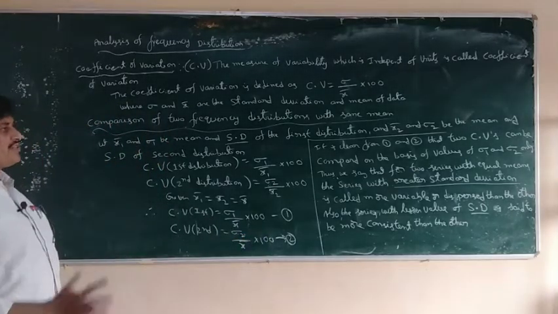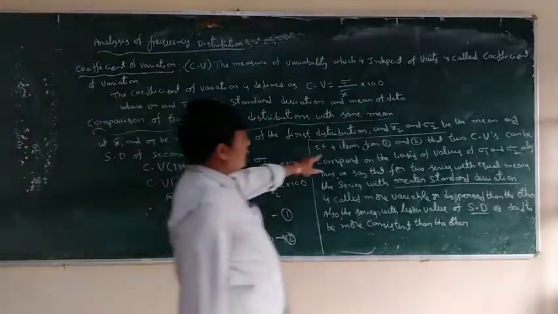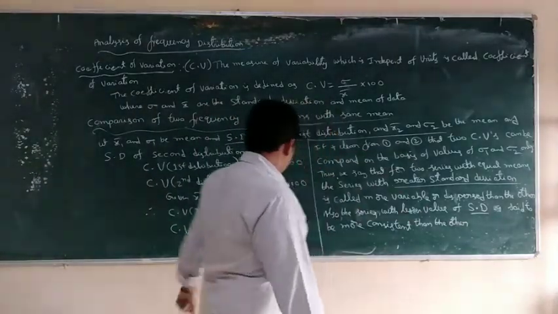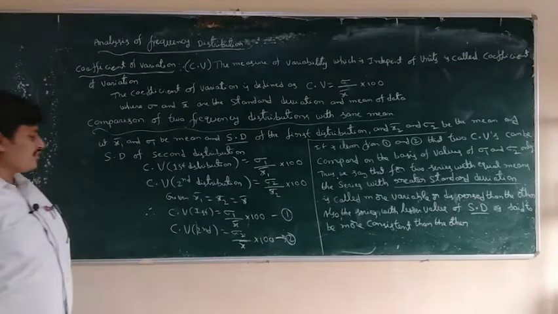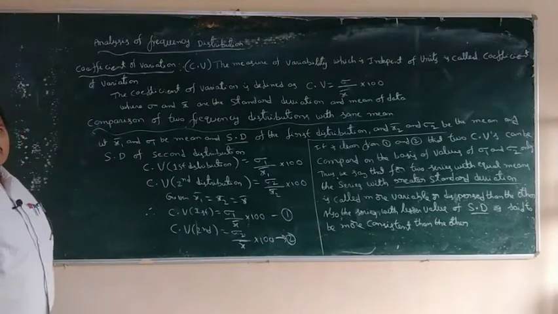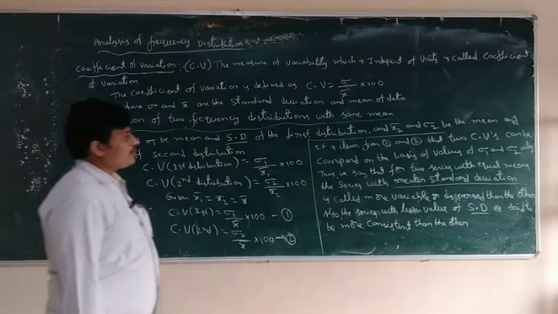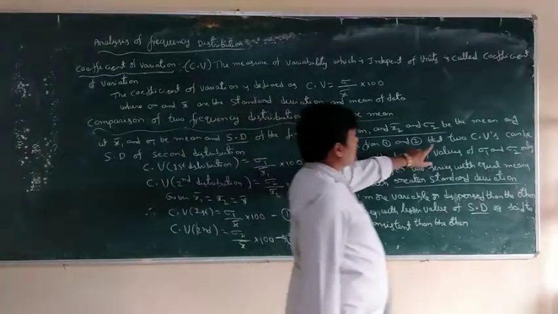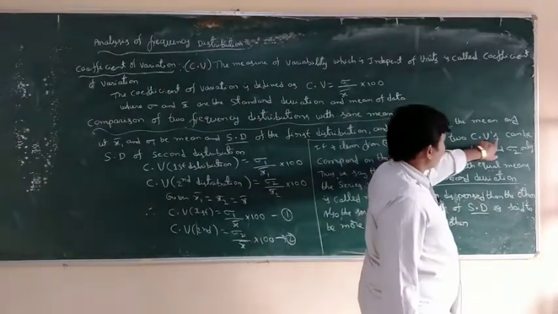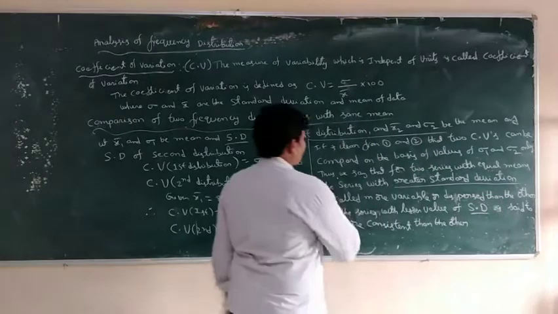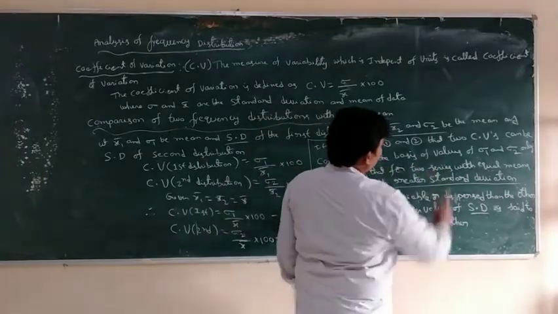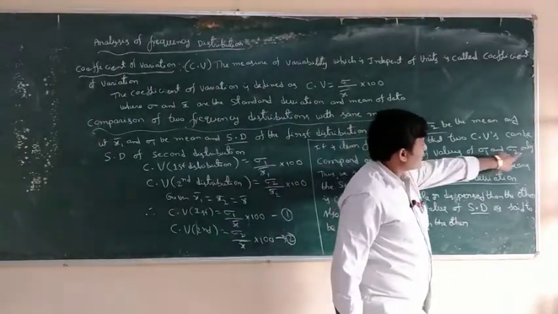It is clear from 1 and 2 that the two coefficients of variation can be compared on the basis of the values of sigma 1 and sigma 2.